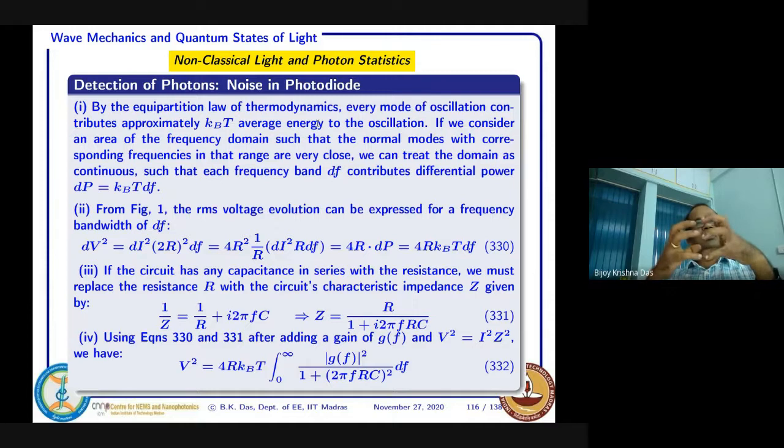If you have various degrees of freedom for movement, oscillations, and gas molecules are moving in all 3 dimensions, every degree of freedom will have a certain average kinetic energy, that is equal to kB times T. T is the absolute temperature, kB is the Boltzmann constant. So kBT is for every degree of freedom.